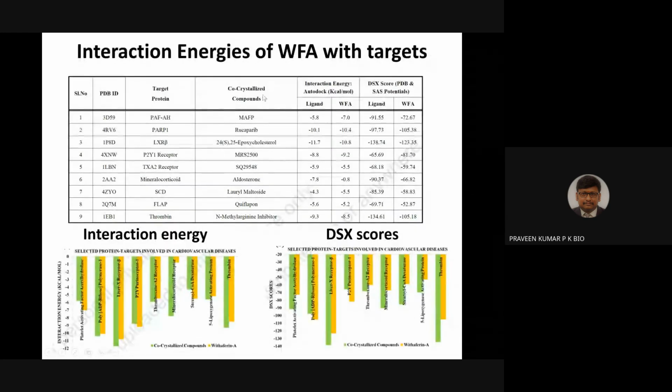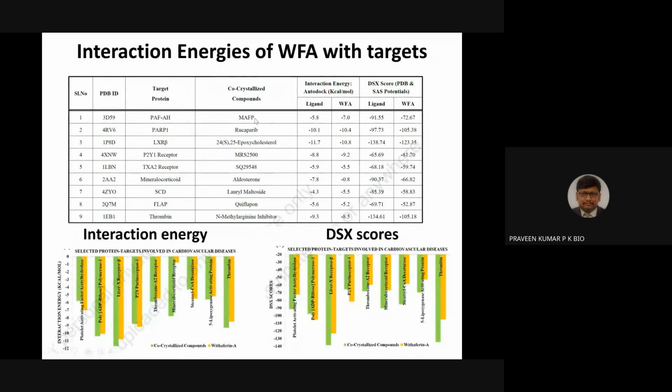If you see these results, initially I've shown the AutoDock energy. I took totally 9 important receptors responsible for cardiovascular diseases. These are the markers. The ligand I mentioned is the drug used in the market to target these marker proteins.